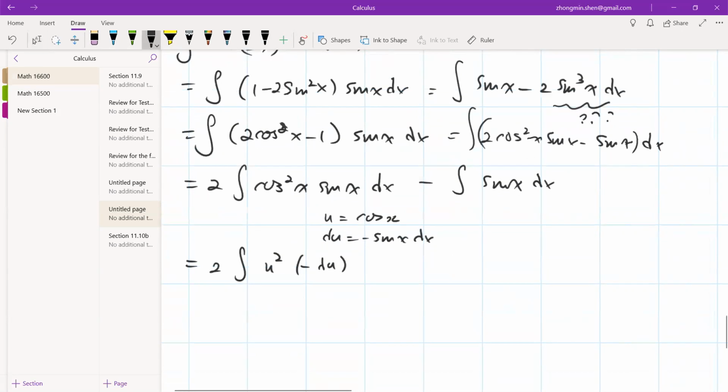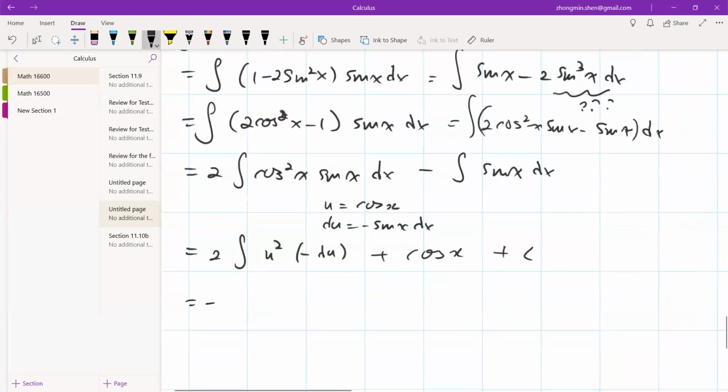The first one I can use substitution, but if you want to use substitution, you have to have 2 different functions, sine and cosine, cosine and sine, right? So you can use substitution. Then the second one, the antiderivative of sine x will be negative cosine x. So you write down that.